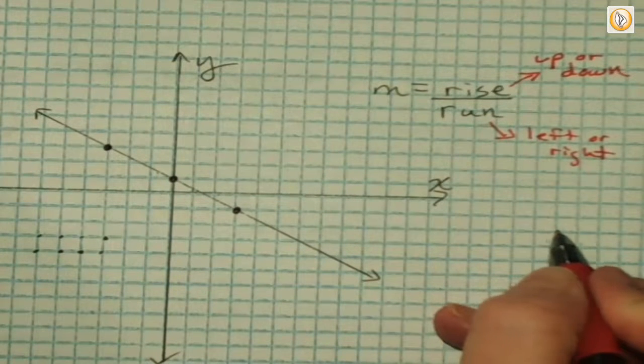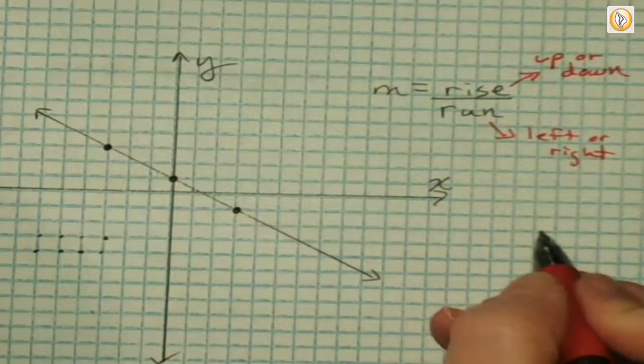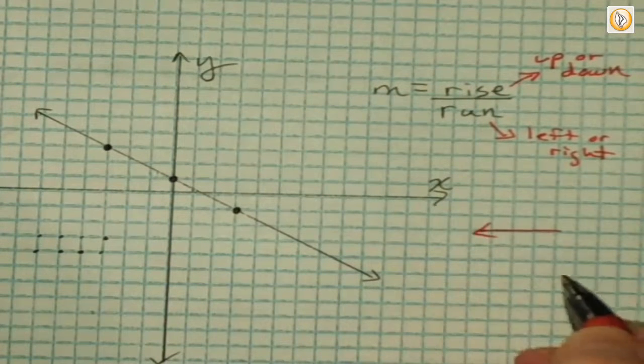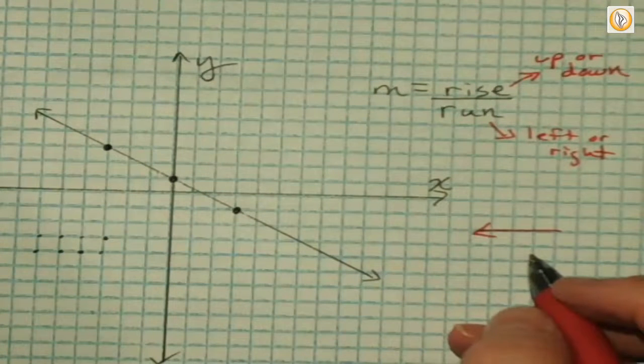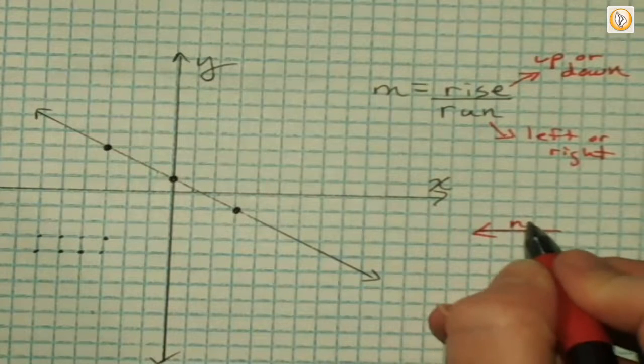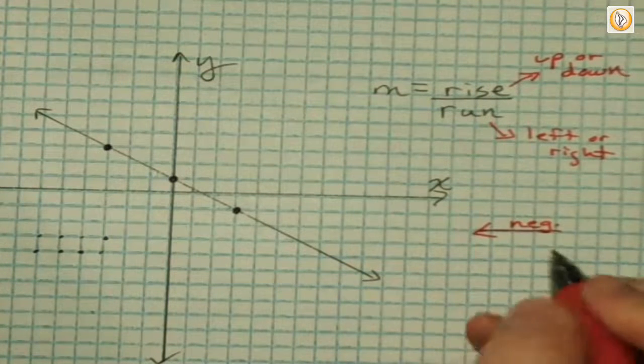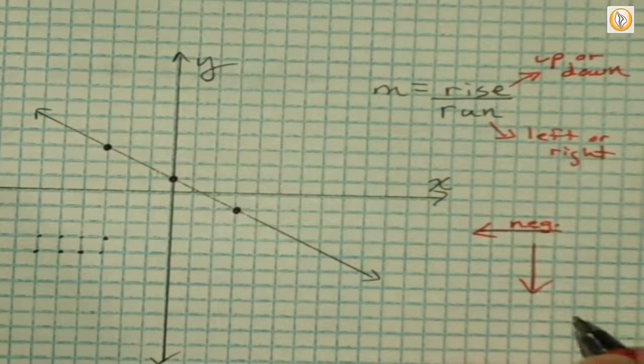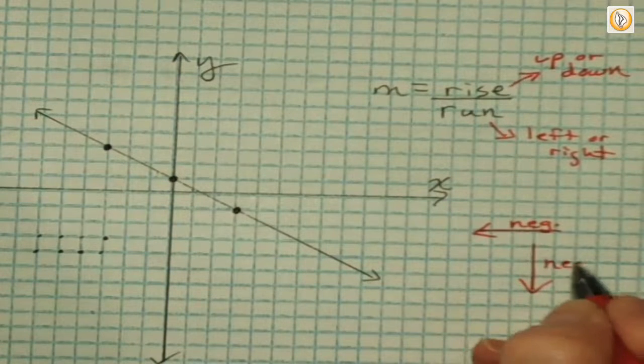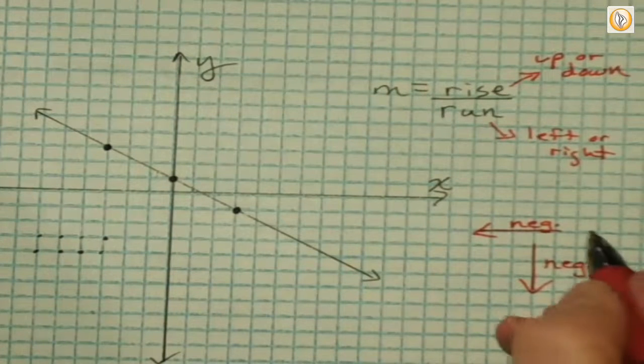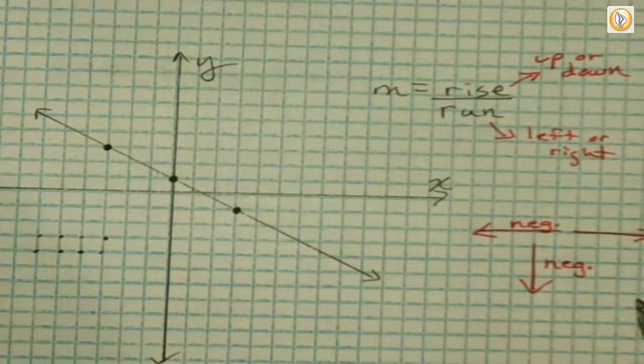If we move left, is that positive or negative? Negative. If we go down, what is that? Negative. If we go right, what is it? Positive.